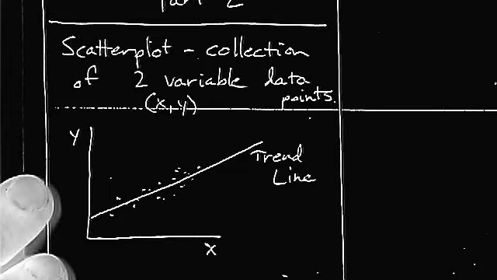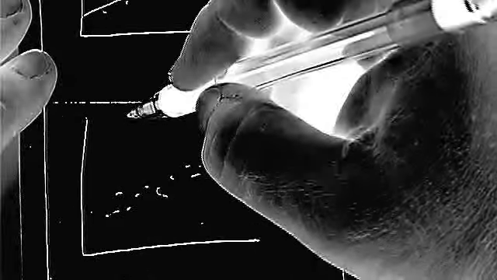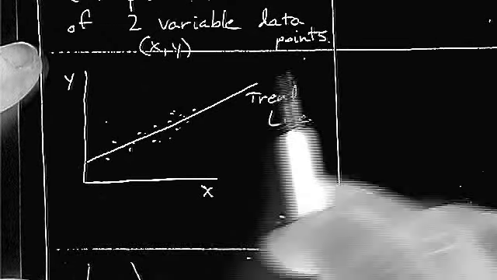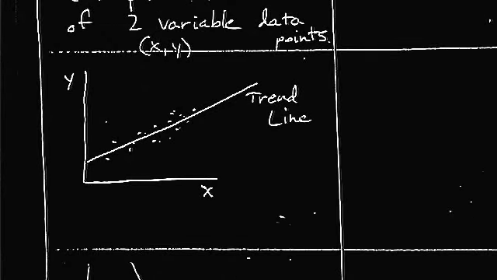I say that because I've had kids say, well, this line goes through the middle of the data. Yeah, but you missed the point. It doesn't follow the trend of the data. Okay, maybe it goes through one central part of the data, but it doesn't go through the majority of the data. So we want a line which follows the trend and goes through the middle of the data.